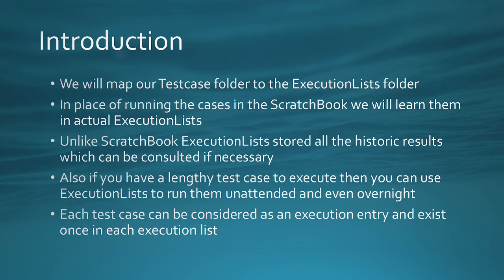But when running the test cases using execution list, you will get your results, and they will also be saved unless you rerun it. That is the part where your new execution result will override the previous one.